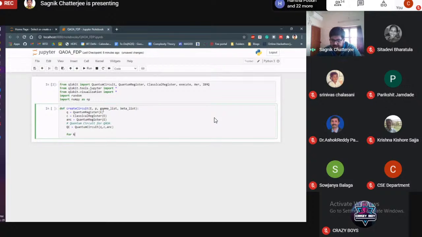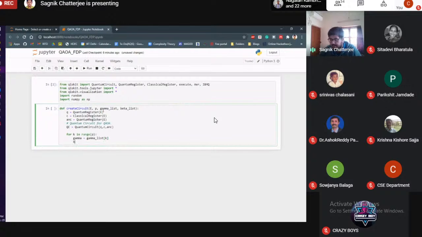So for k in range p, we'll be extracting the kth argument. k refers to the phase that you are in. So gamma is equal to gamma list k. Similarly, beta for this layer is beta list k. So we have extracted the arguments for our current layer.